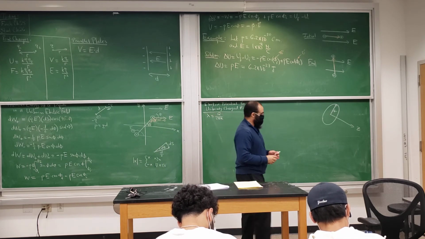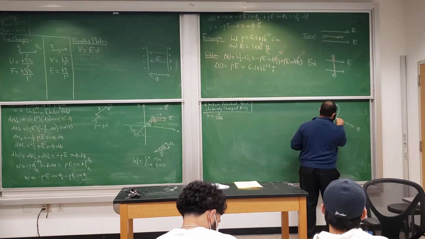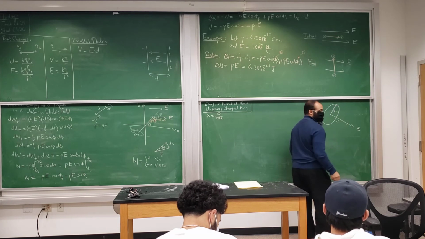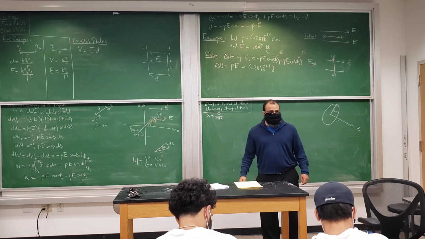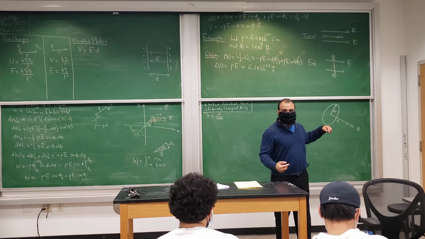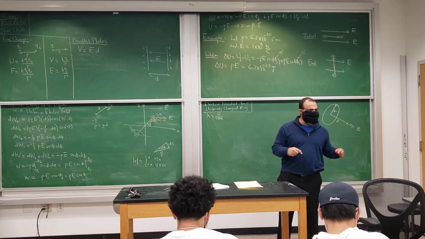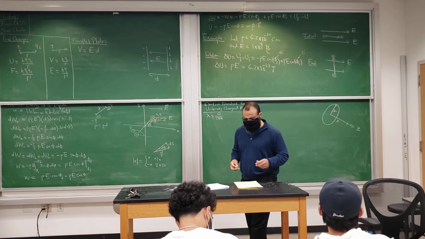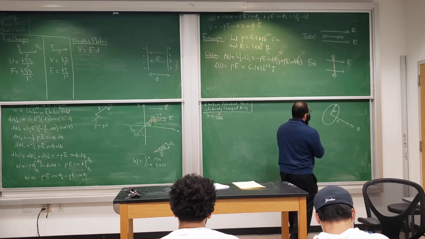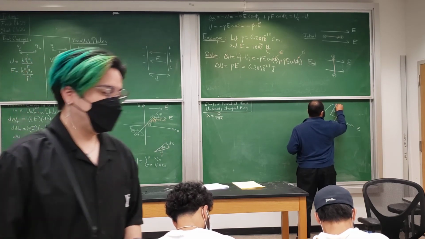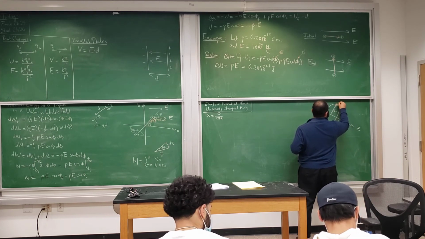So the question is basically, what is the potential at distance z here? If the distance from the ring's center to this point is z, what's the electric potential due to this ring? In the worksheet we did it for half a ring. For the class that meets me tomorrow, we will do that; we already did it. So we will do it for the full ring now. Let's say I have an amount of charge dq right here, just sitting there.